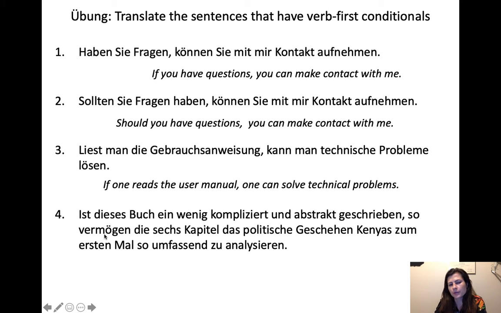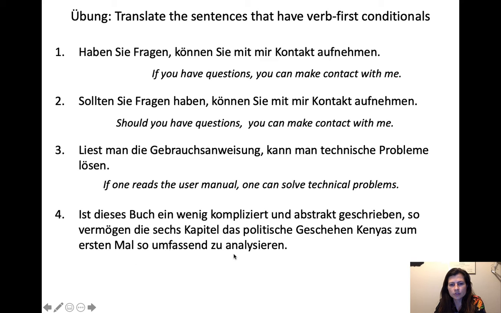Vermögen is another word for können actually. It means it can do this, it's capable of doing this. So vermögen plus some other verb is it's capable of, or it can do it. So it can, "die 6 Kapitel, das politische Geschehen Kenias zum ersten Mal so umfassend zu analysieren."